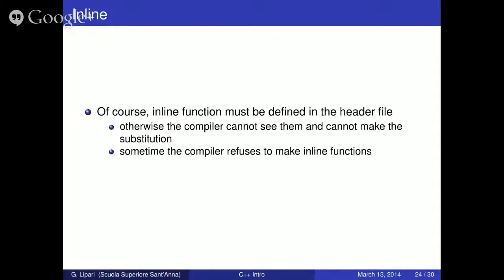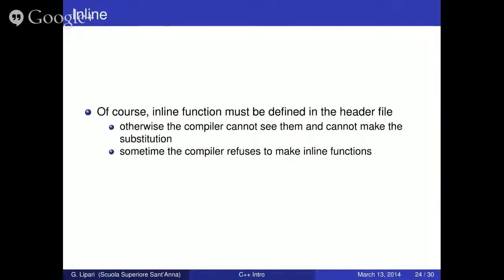Okay, I guess you all know the difference between compiling and linking, right? Has anybody any doubt about that? So compiling means you take one single C++ file and you produce an object. And then after all these objects have been produced, they are put together by the linker.